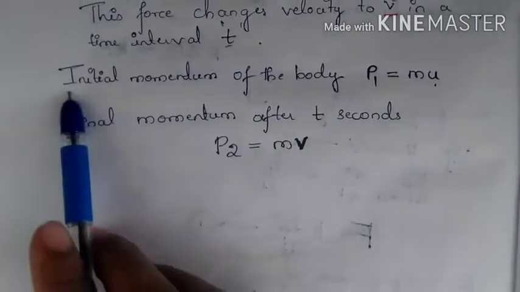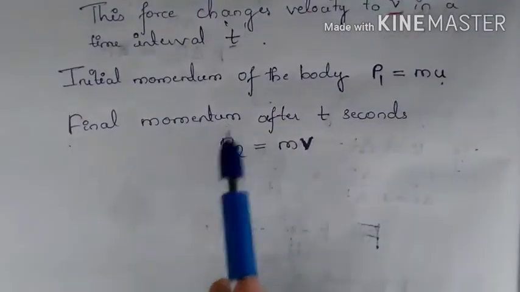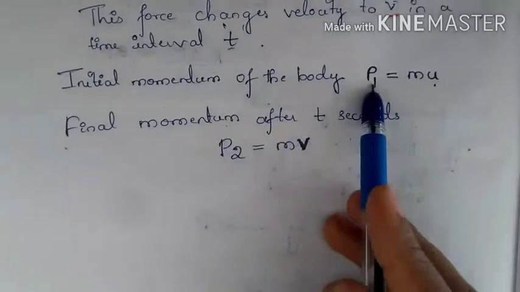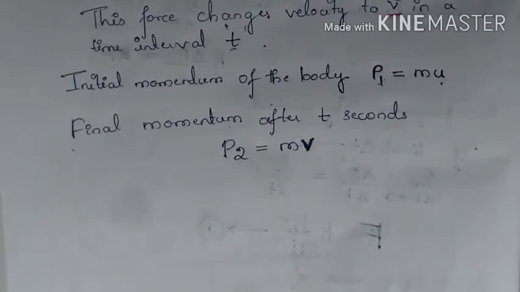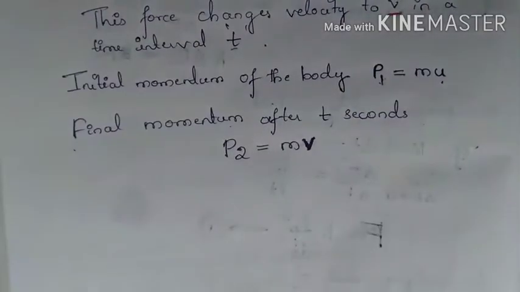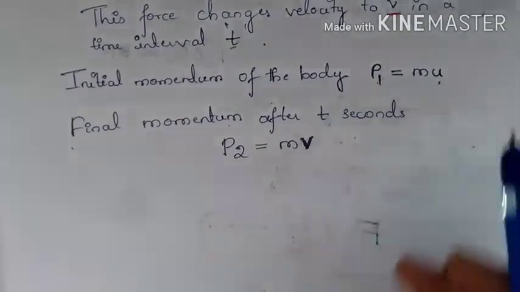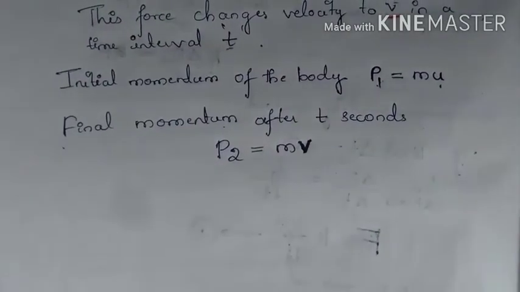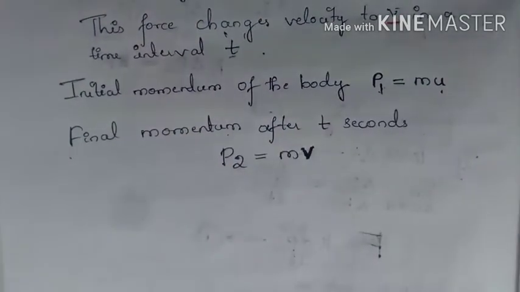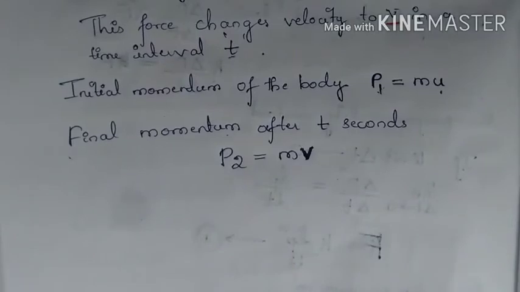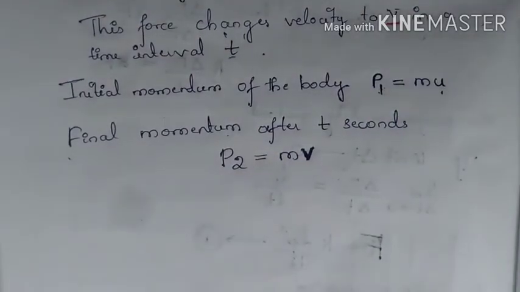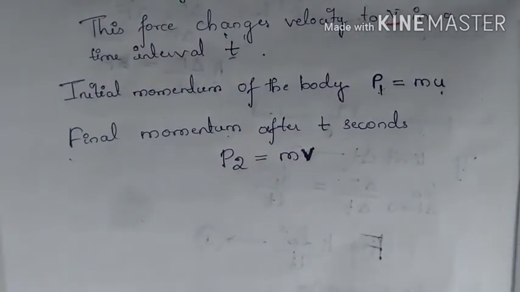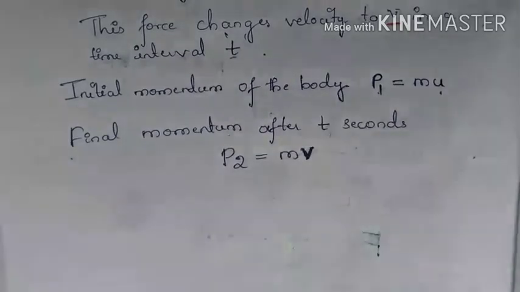So we have found the initial momentum and the final momentum of the body, that is P1 equals mu and P2 equals mv. Hope these two equations are clear to you. So we have got two momenta. Next, change in momentum will be P2 minus P1.